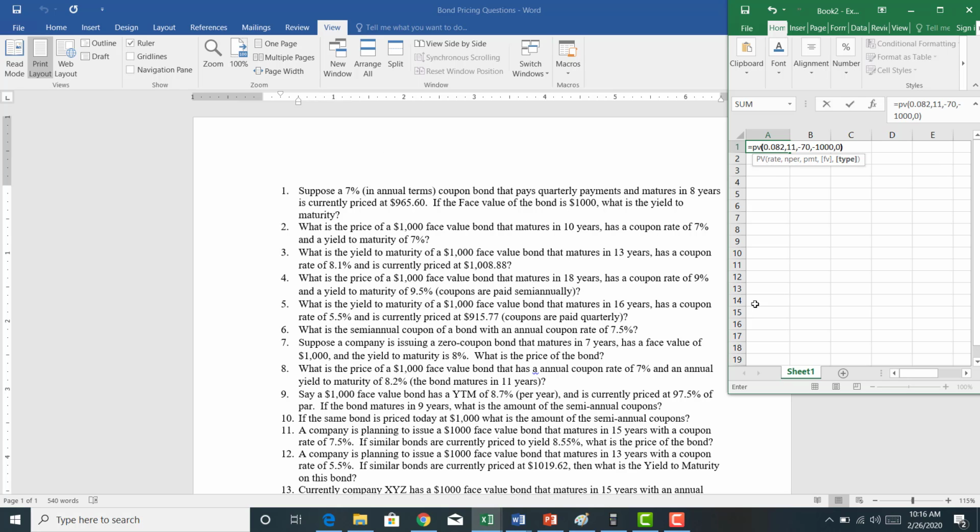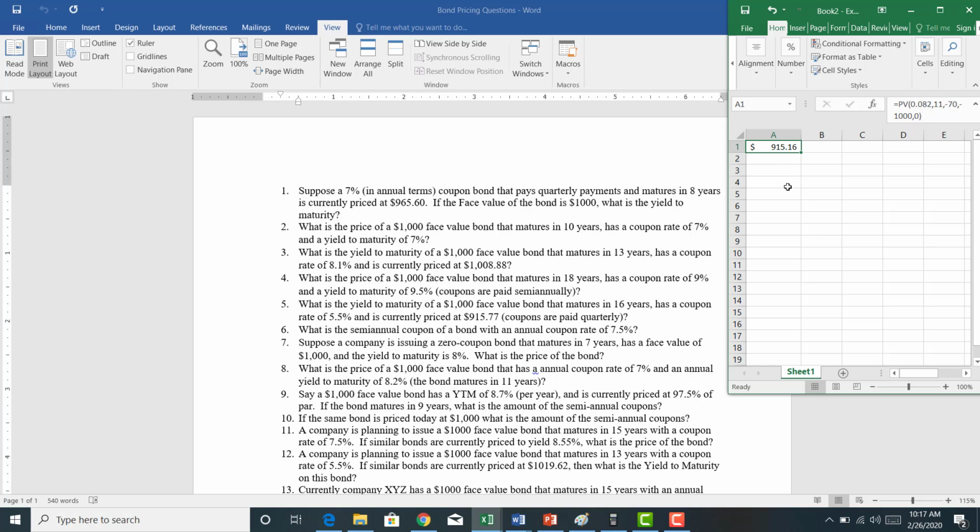Assume compounding at the end of the period. Again, we expect this bond to be priced at a discount given that the coupon rate is less than the yield to maturity. Looks like this is in percent here. Let me just change this to a number. $915.16. Okay, so the price of the bond in problem 8 is $915.16.